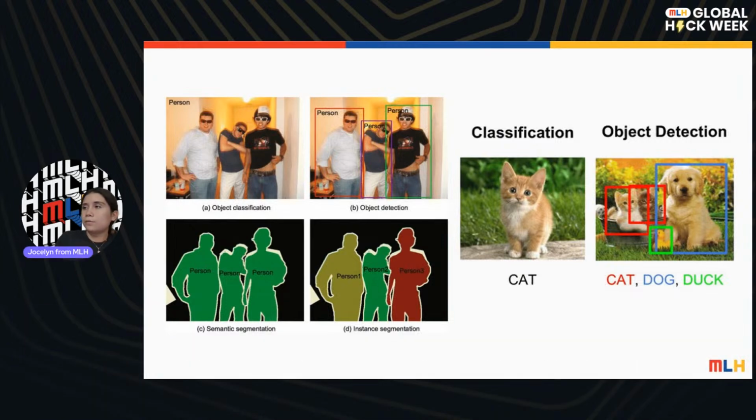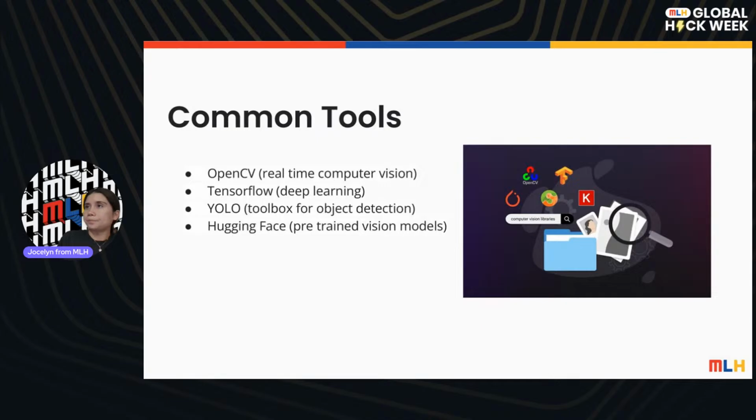Okay, let's move on to the next thing. There was a question back there about the difference between YOLO and OpenCV. Here are some of the common tools used for computer vision. OpenCV is for doing stuff with images.